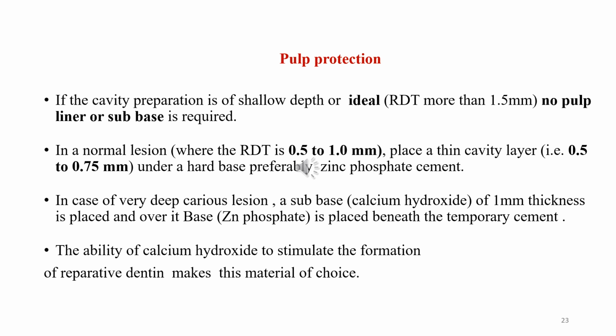In case of a very deep carious lesion, a subbase, preferably calcium hydroxide, of minimum 1 mm thickness is placed over a base, that is zinc phosphate, which is placed beneath the temporary cement. The ability of calcium hydroxide to stimulate the formation of reparative dentine makes this material a choice.